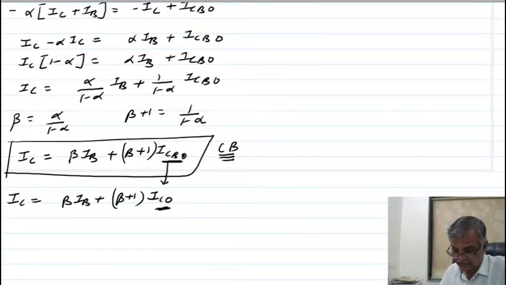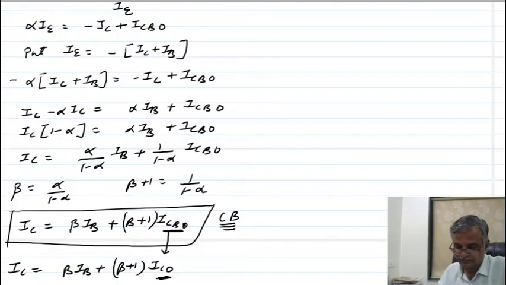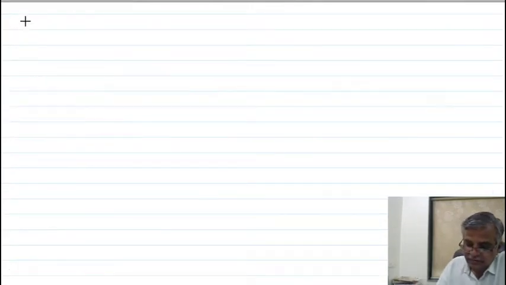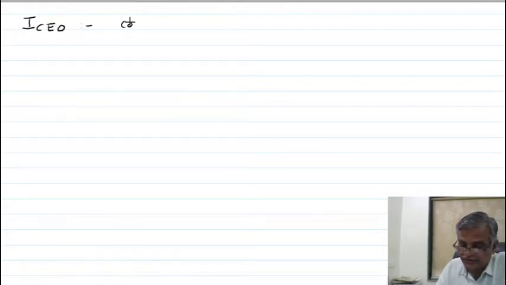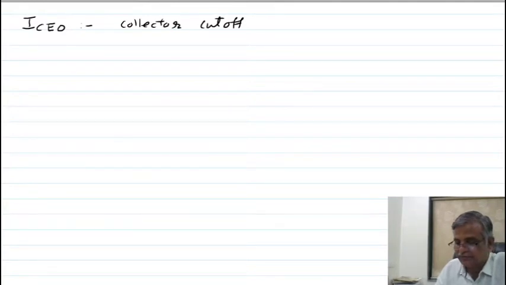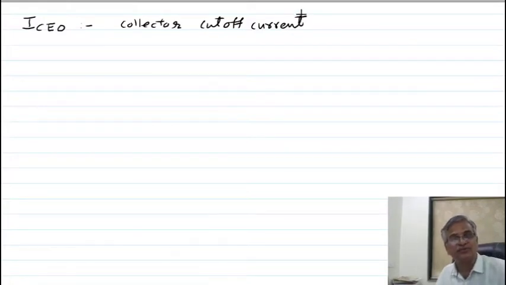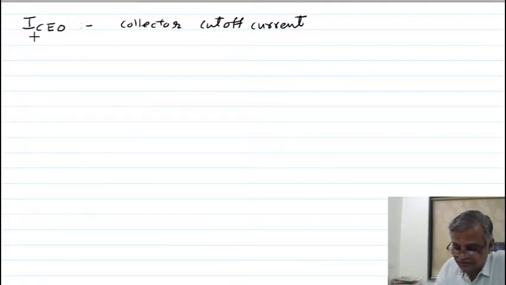Now I am discussing the collector current ICEO. This is also known as the collector cutoff current. For ICBO also we use the same words, collector cutoff current, but generally they mention collector cutoff current ICEO or collector cutoff current ICBO. So it is the current flowing from collector to emitter when base is open.